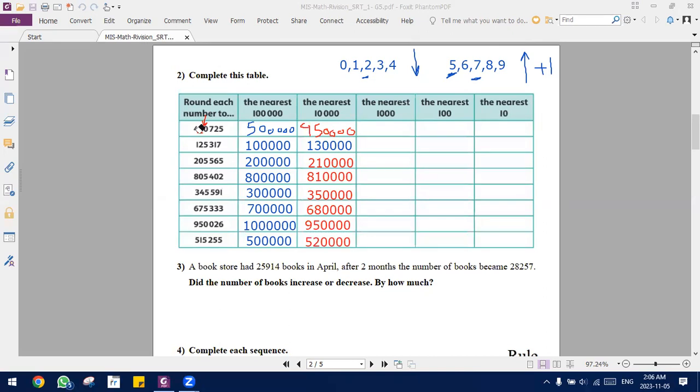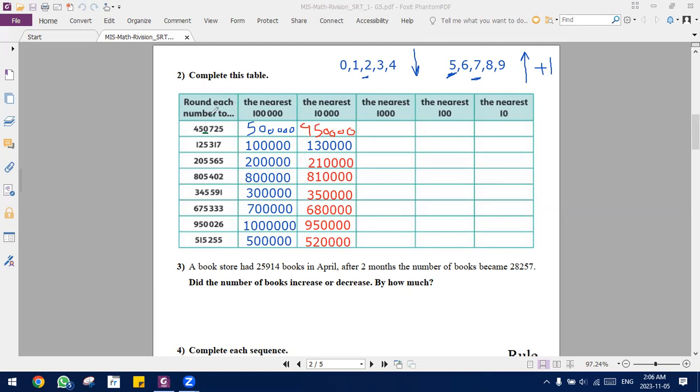Okay, now next column we have round to the nearest 1,000. So all of them follow the same steps. The only thing that you should do first is underline the value that they ask for, which is here 1,000, and then check the number behind it. So let's check the first one to the nearest 1,000. So I will underline the 1,000, which is 0 here.